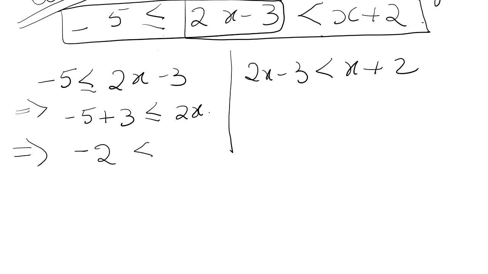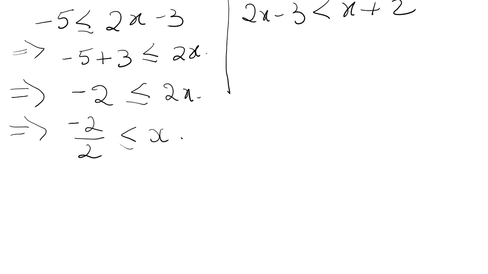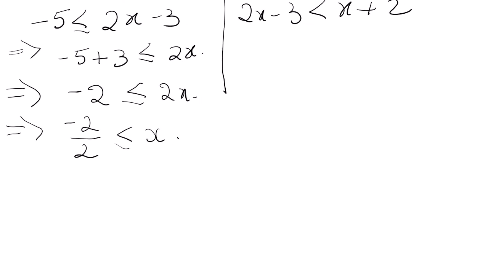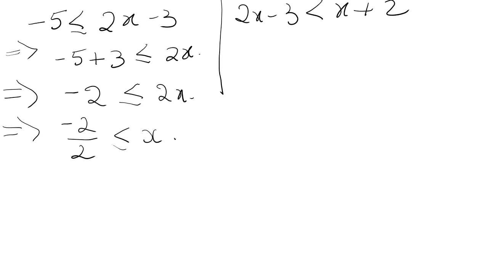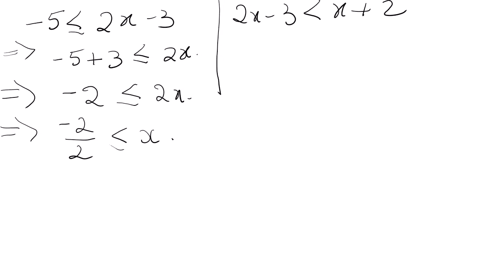Minus 2 is less than or equal to 2x, implies minus 2 upon 2 is less than or equal to x, dividing both sides by plus 2. Since you are dividing by a positive number, the inequality sign does not get reversed. So this implies minus 1 is less than or equal to x.